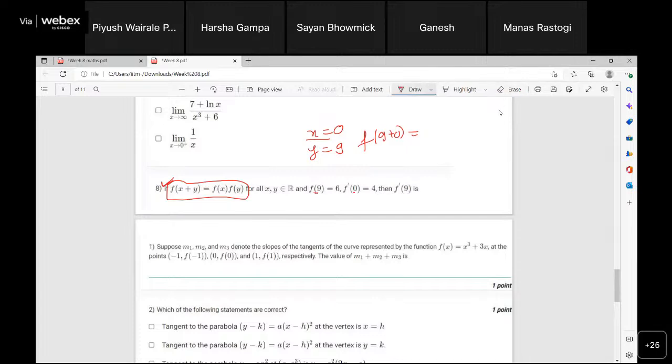I will get f of 0 into f of 9, and here also f of 9 is there. f of 9 is given to us as 6, so basically f of 0 will be 1 only. Here I am getting f of 0 equals 1. But what we have to find out is f dash of 9.